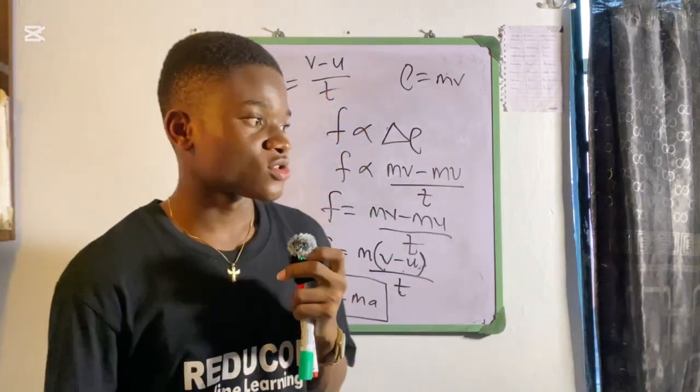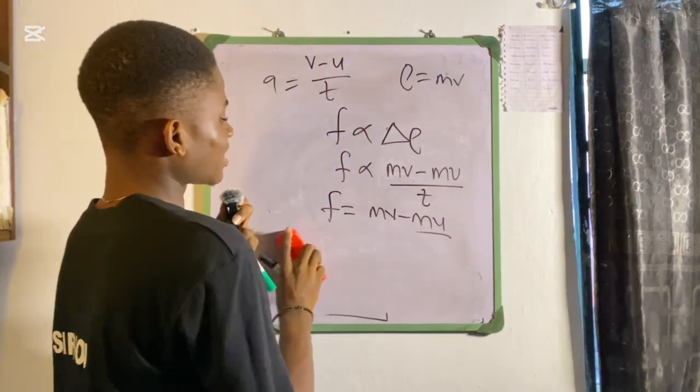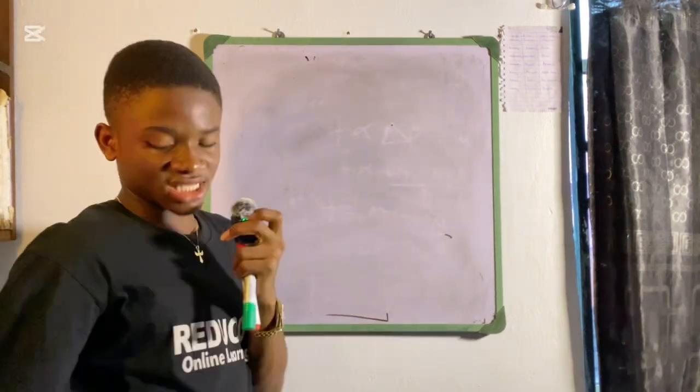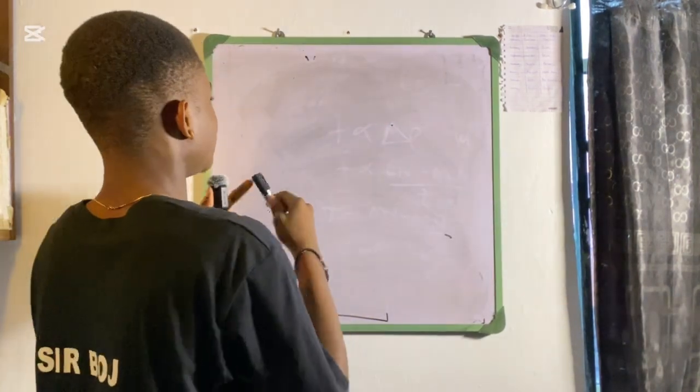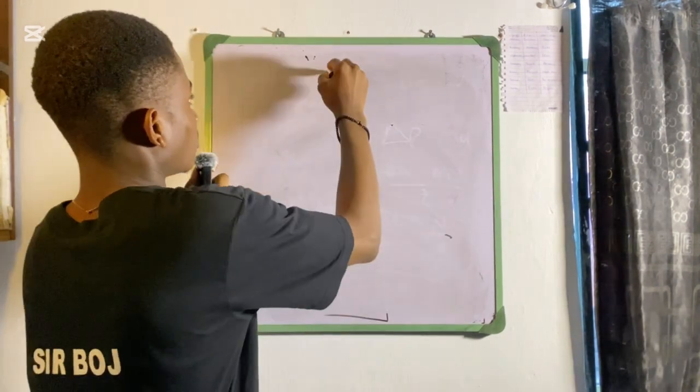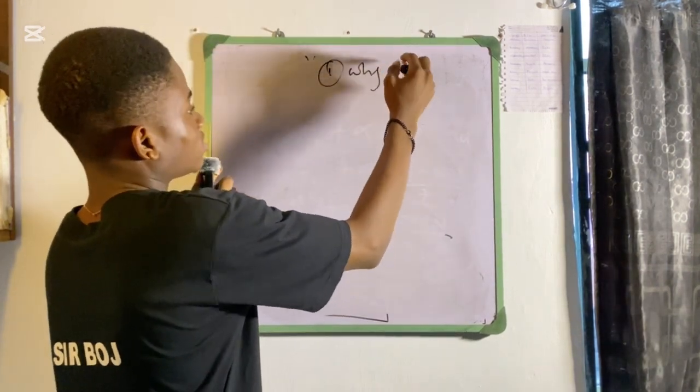So we have various applications of this law. First of all, we have why walking is possible. The reason why walking is possible is an application of this third law.